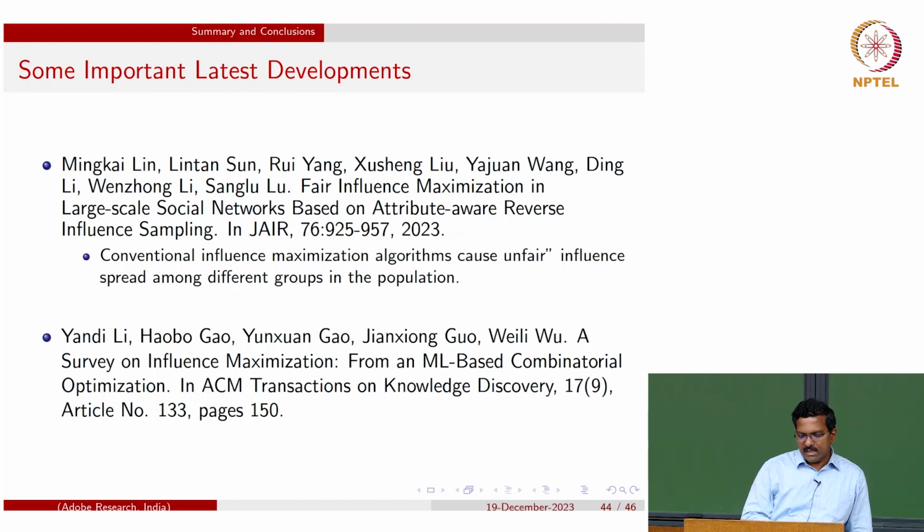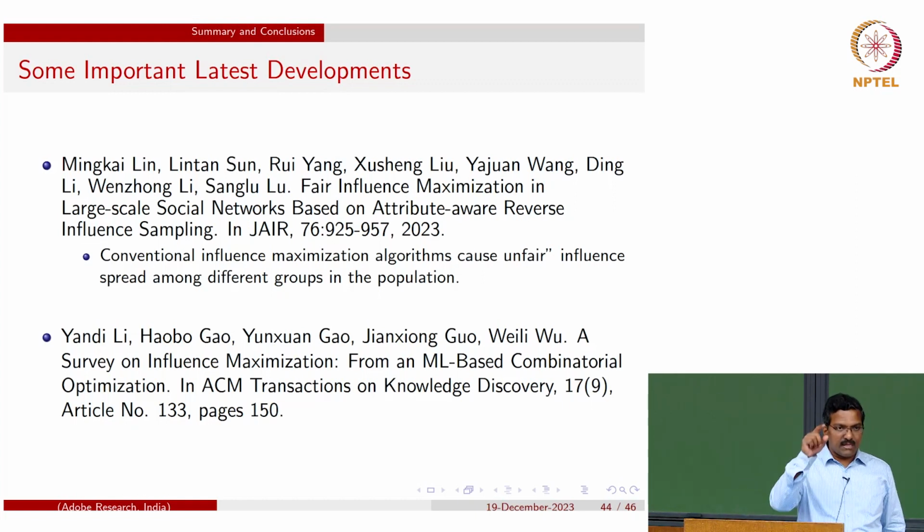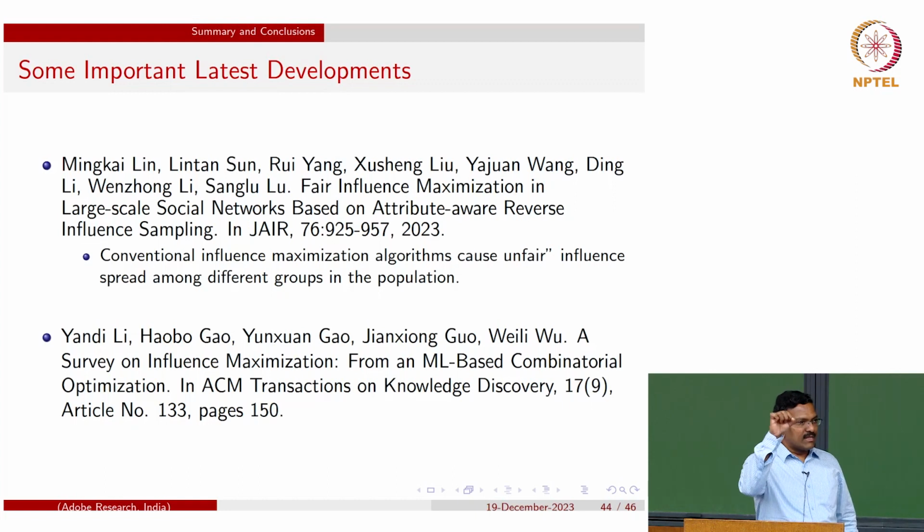So what they are doing is looking from an ML-based combinatorial optimization point of view. Their main message is about how the existing influence maximization algorithms are defined. If you go back and see that KKT greedy algorithm, in every iteration the focus is a single node.